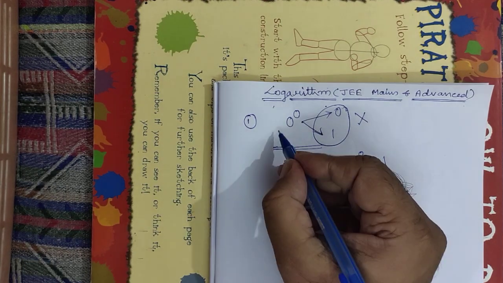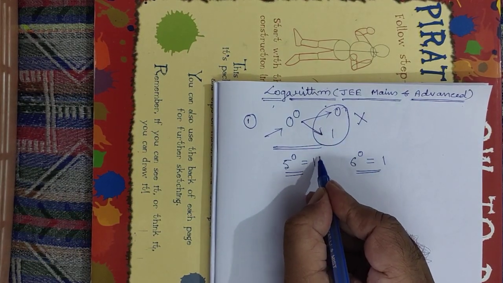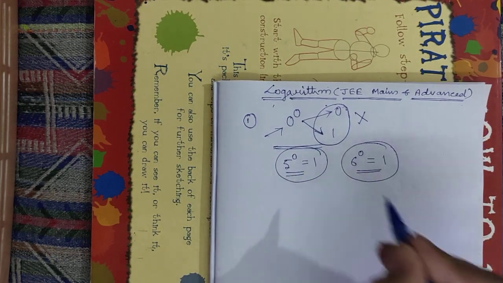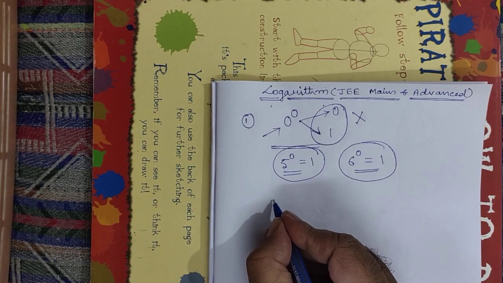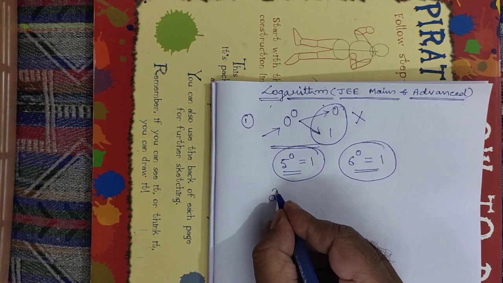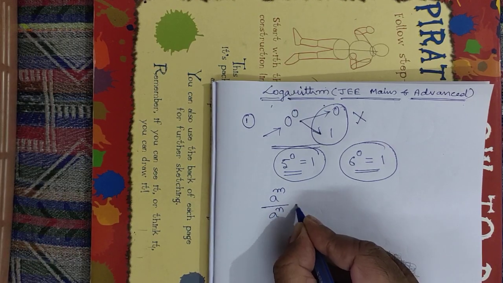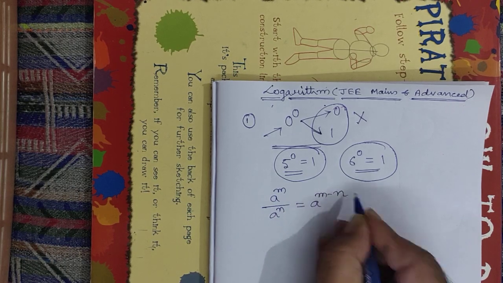So before you know what is 0 to the power 0, firstly you have to know why this quantity is 1. This you need to know first. For this, all of us know a to the power m divided by a to the power n equal to a to the power m minus n.